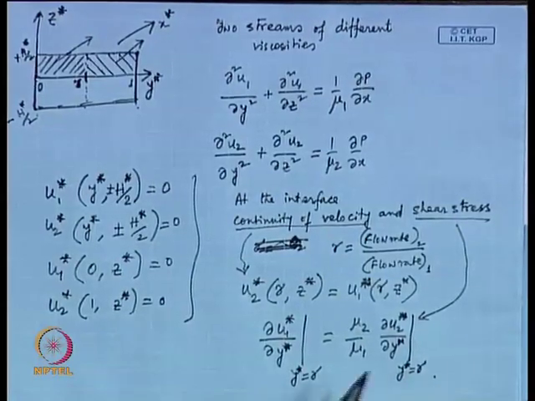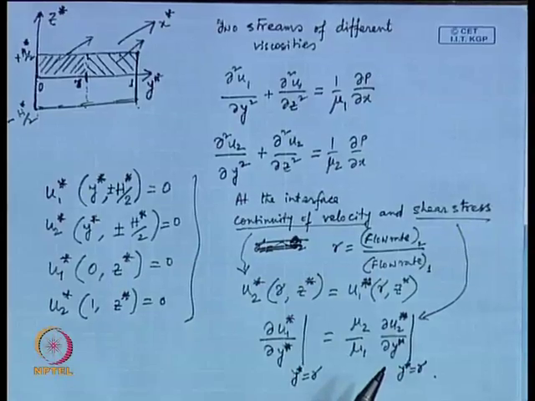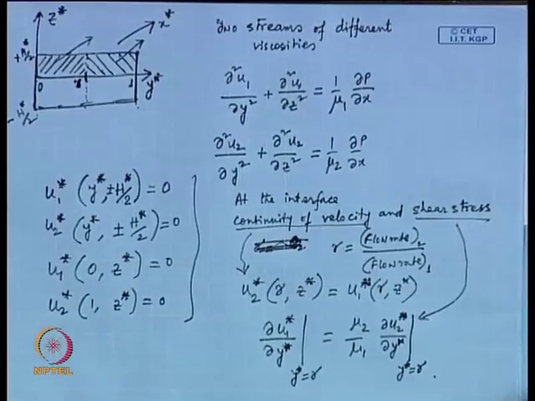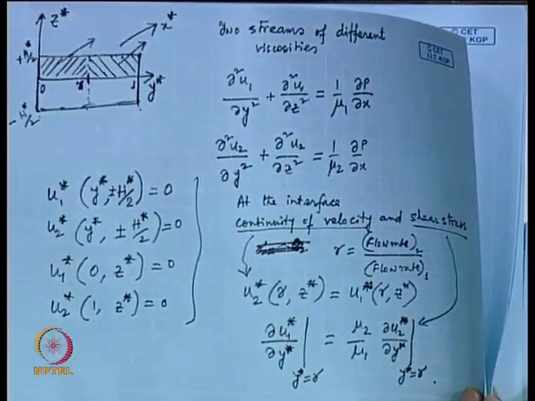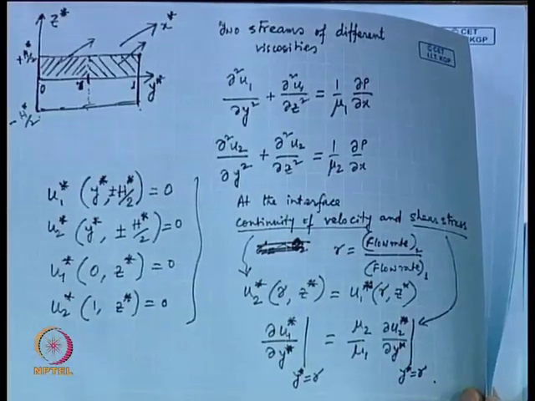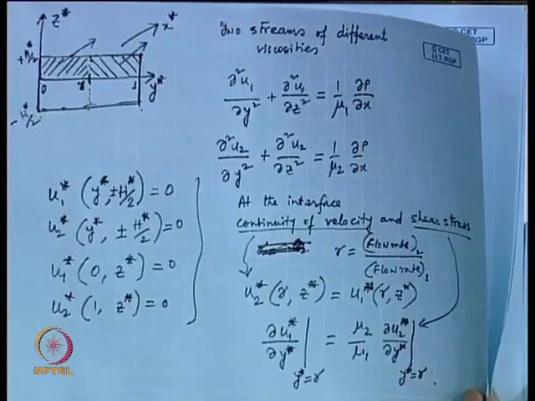However, probably you would be more comfortable solving it numerically; going to the numerical solution would definitely be better instead of writing a big series form. So, this is as far as the equations are concerned for the two streams flowing.